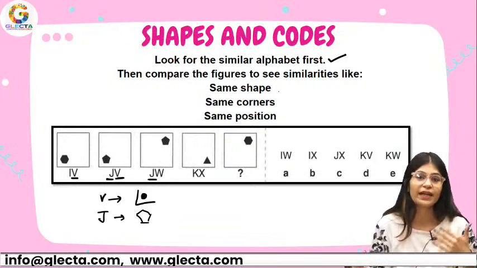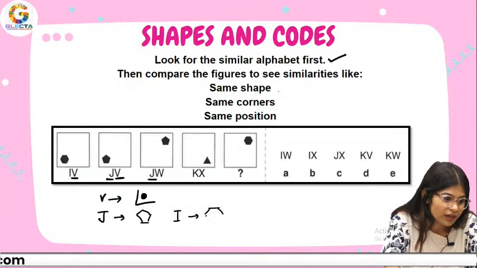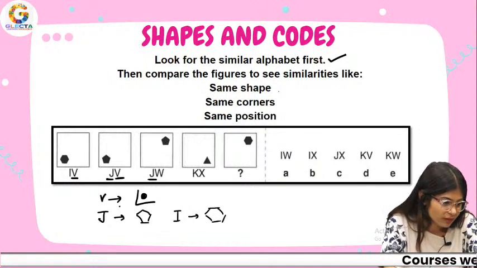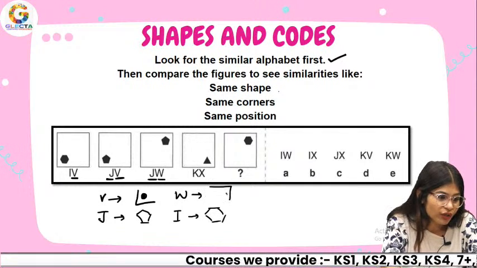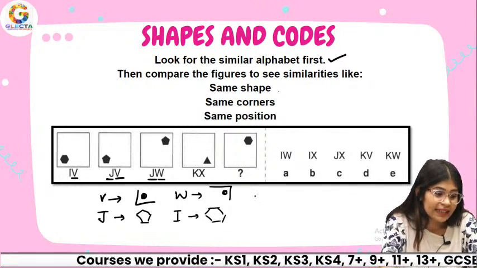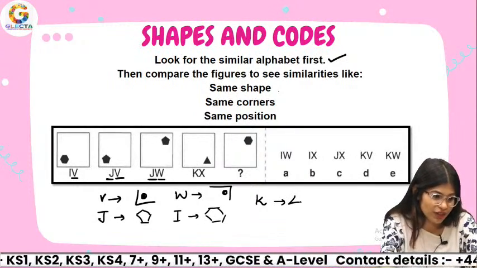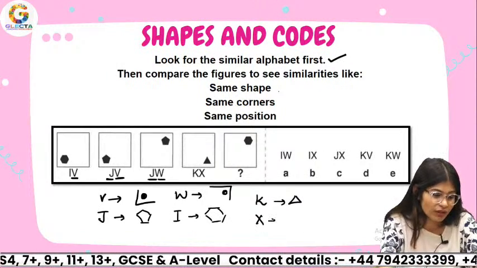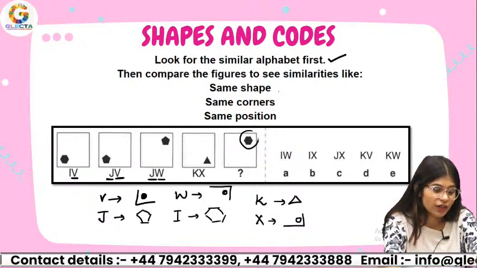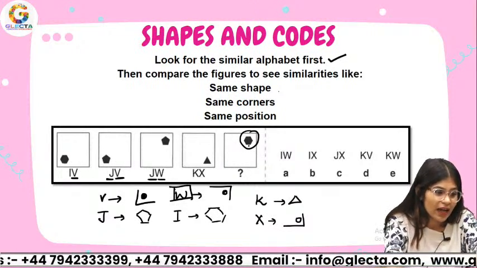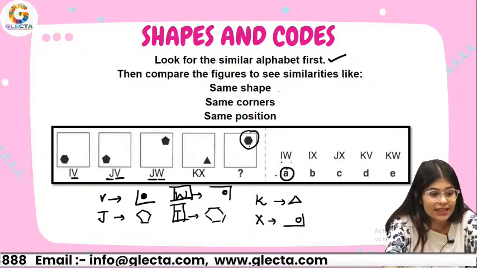The first alphabet is about the shape, which means I is for hexagon, V is for corner, then W is for the top right corner, then K is for the shape, triangle. X is for bottom right corner. So now I want top right corner, which is W. I need a hexagon, which is I. So I am I, W, which is A.